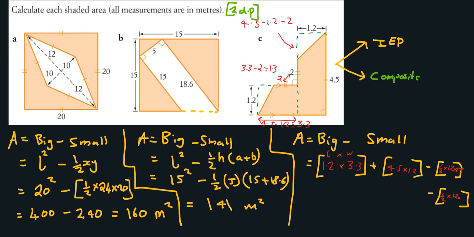If we do that subtraction, we've got 4.5 minus 1.2 minus 2, and that gives us 1.3. So if we work that out on our calculators, we get 7.8 meters squared, and it says 2 decimal places, so we're going to get 8.0.